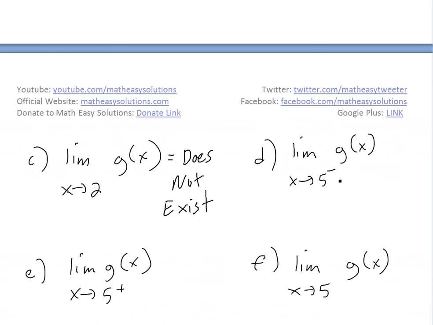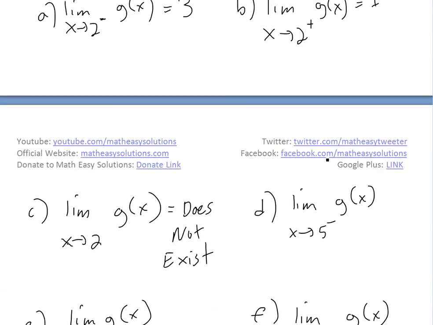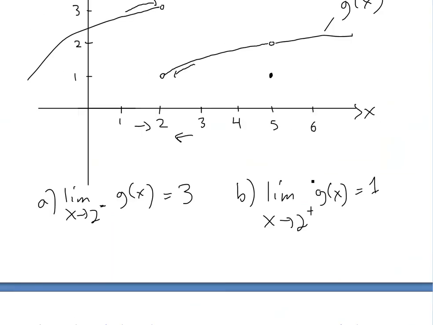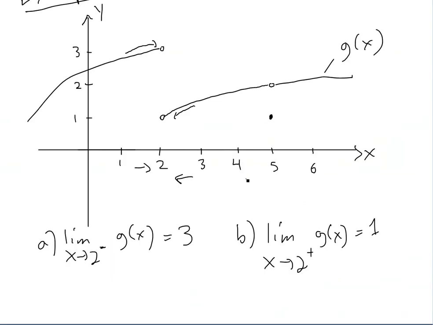So now let's look at the limit as x approaches 5 from the negative side, or the left. We approach from this side here. Remember, even though g of 5 is equal to 1, that's the one value, we ignore that in the limit because we're approaching along this curve. It doesn't have to equal it. So we approach, and we get this value of 2.